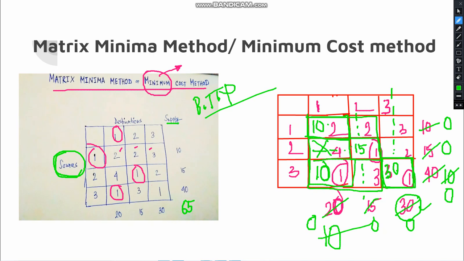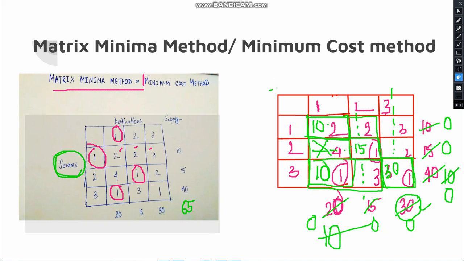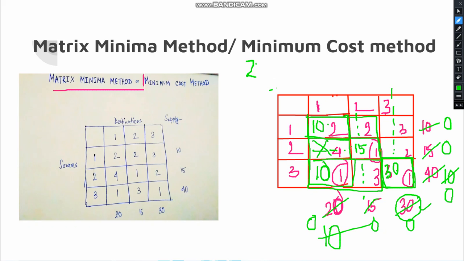Okay, so let us do the important part, the total calculations. So what will be the total calculation? It will be 2 into 10, which is 20. I'm not repeating what this 2 means here. Plus 15 plus 10 plus 30.